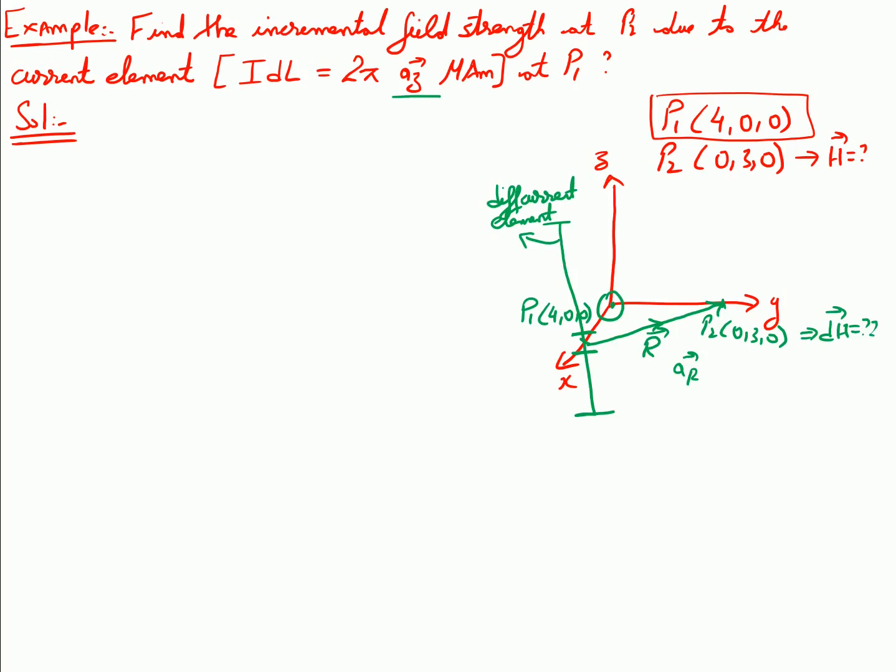So this is the visualization of the differential current element acting as a source parallel to the z-axis, and we want to find the magnetic field intensity at point P2. In order to solve this, we know from the Biot-Savart law that the magnetic field intensity is equal to I. So let us use the subscripts.